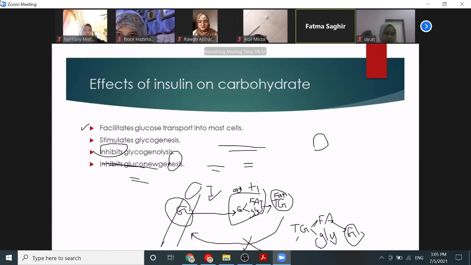Okay. Carbohydrate, I think we already know. We can go through carbohydrate. On carbohydrate, insulin facilitates glucose transport by all body cells and stimulates glycogenesis, meaning conversion of glucose into glycogen.